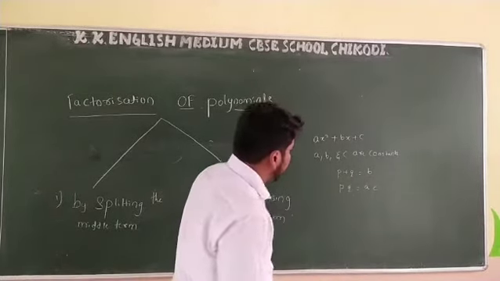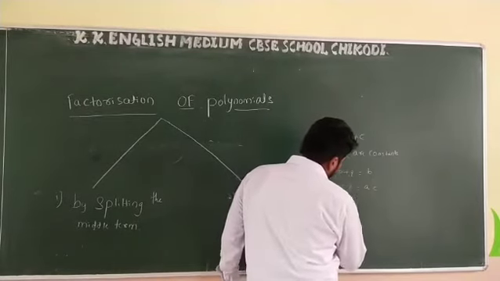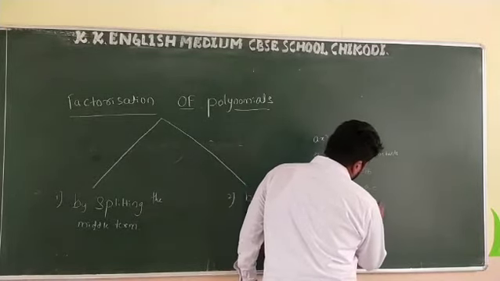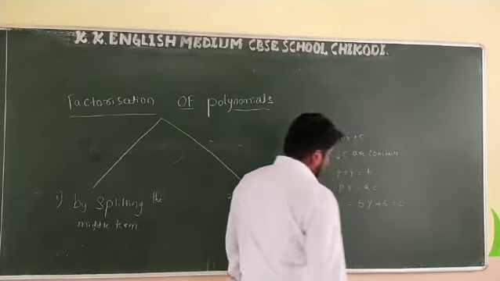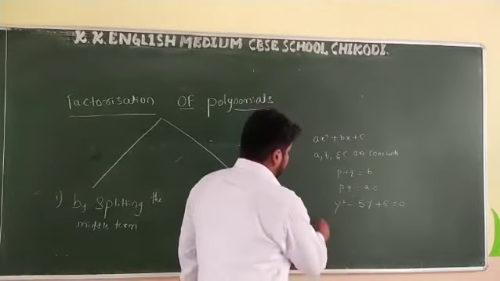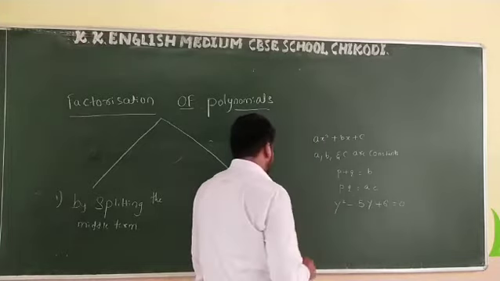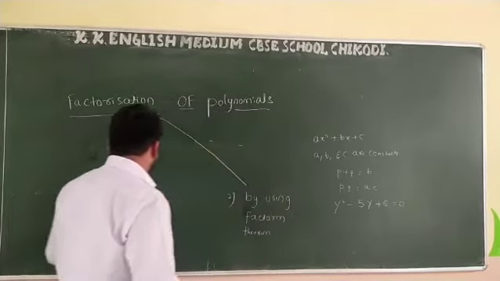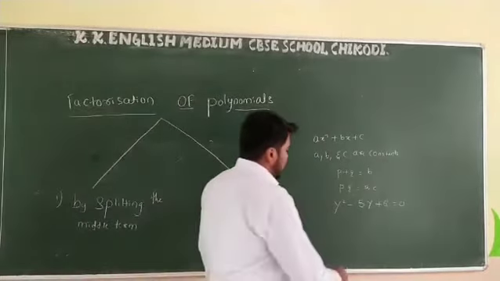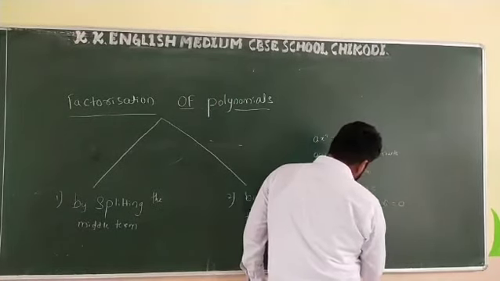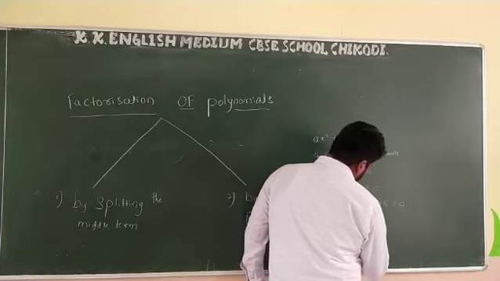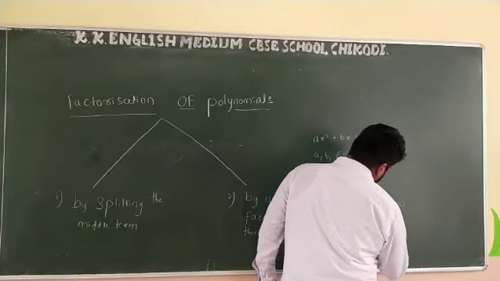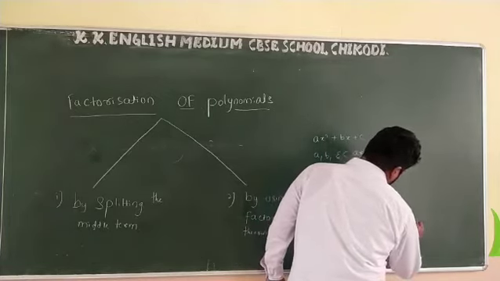Okay, let me consider one example: y square minus 5y plus 6 is equal to 0. Here first I use the splitting method. That is y square minus 3y minus 2y plus 6 is equal to 0.